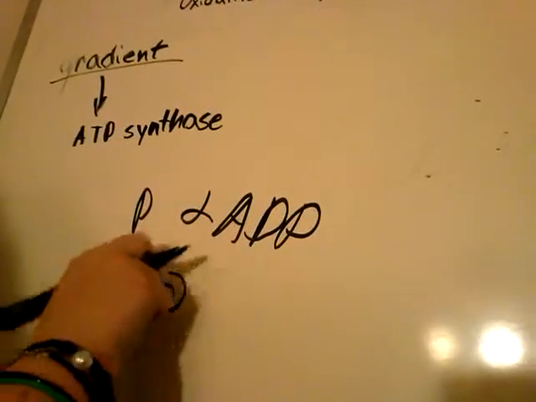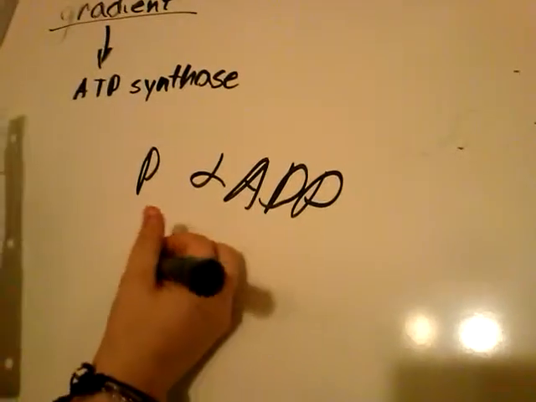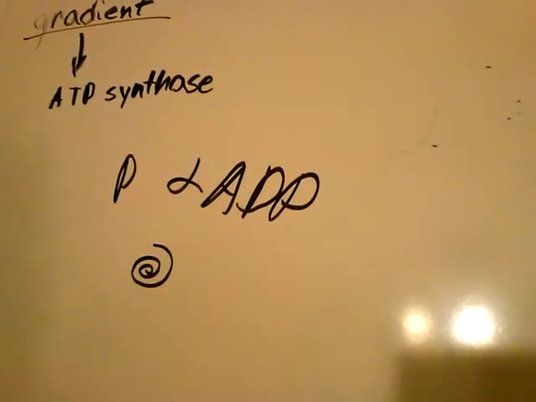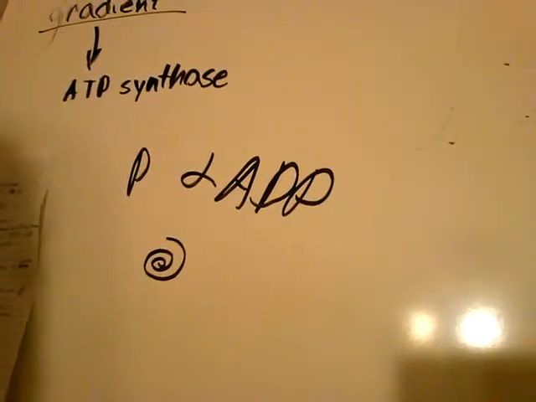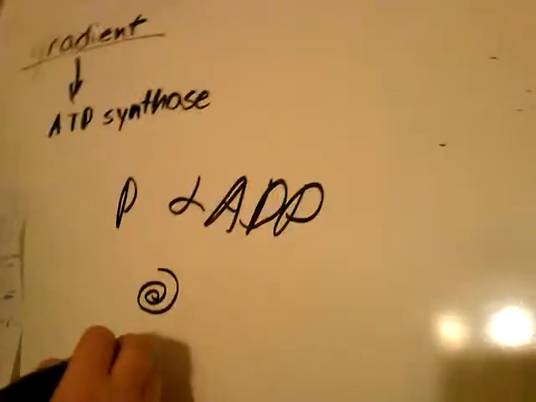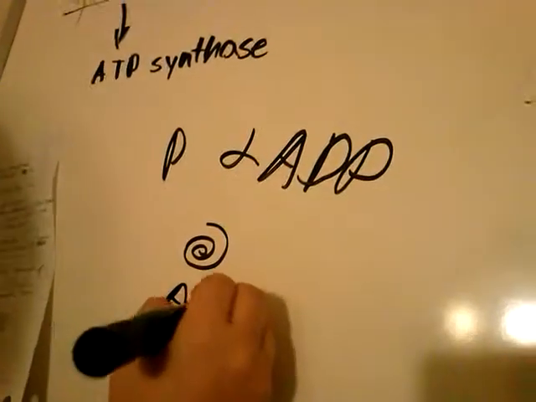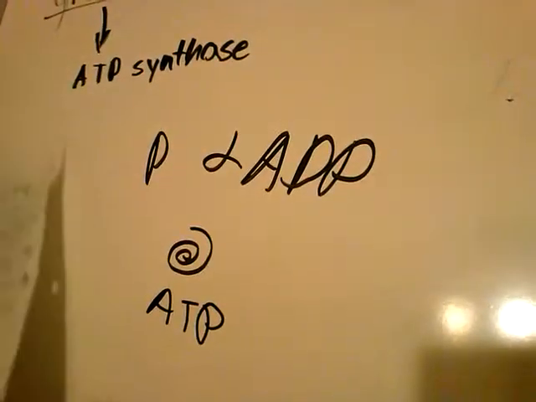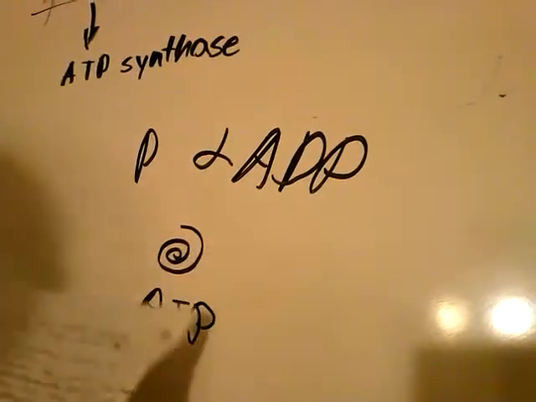So we're going to take this and add it to that. When it goes into ATP synthase, it'll spin them around and combine the two, kind of like a blender, but more like a motorboat. And it forms ATP, which is why it's called ATP synthase. And so that is chemiosmosis.